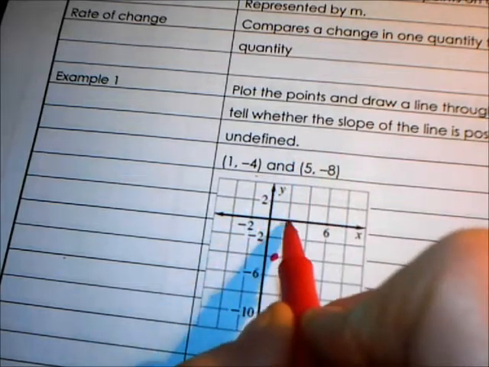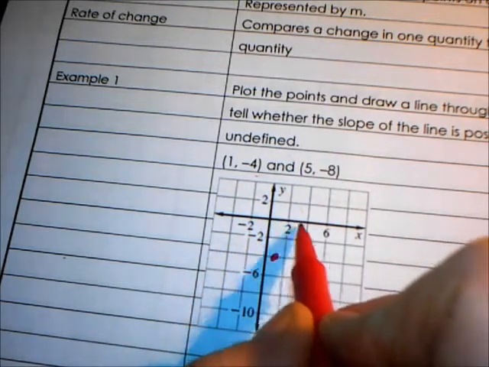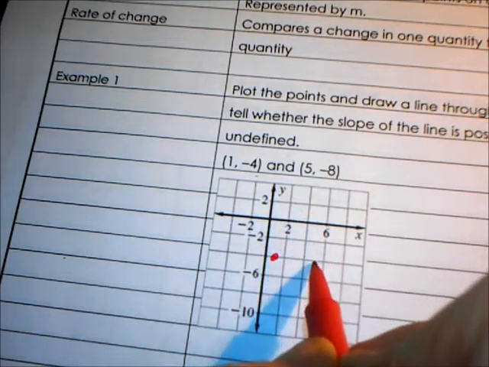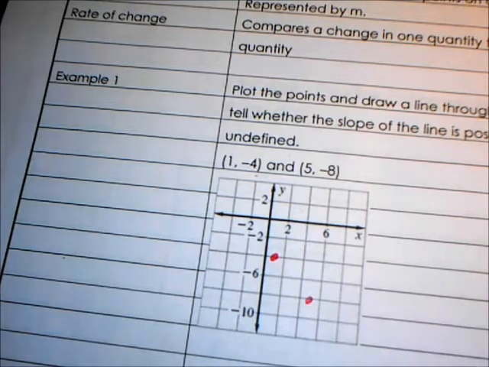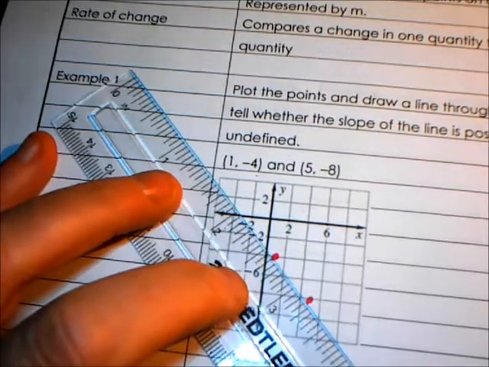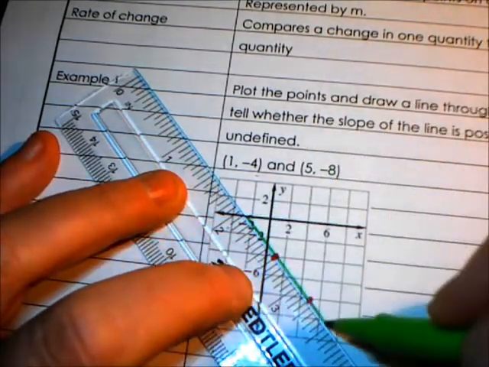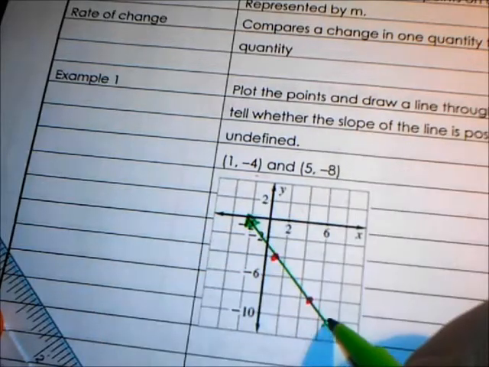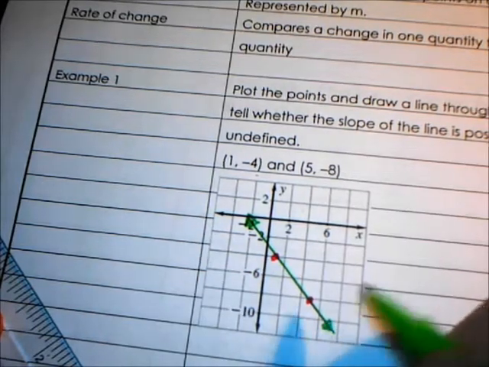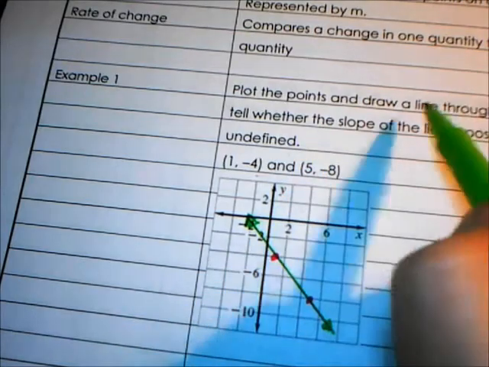And then I have 5, negative 8, so 2, 4, 6, 8 is in that location. And then they want me to draw my line. These are continuous, so make sure you draw your line. It says a line.